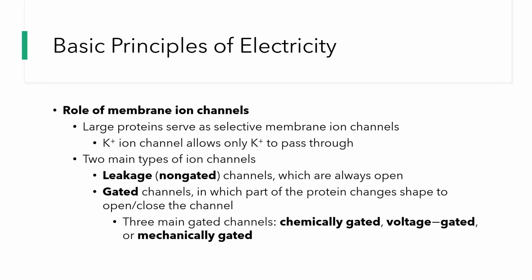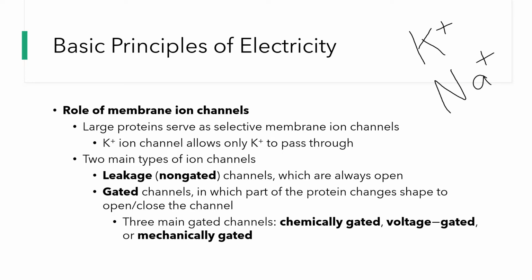Now, ion channels are going to be extremely important in all of this. I talked before about how potassium, chloride, sodium, anions, all of those are going to be important. The main two ions that we're mainly going to be concerned with are potassium, which is K+, and sodium, which is Na+.